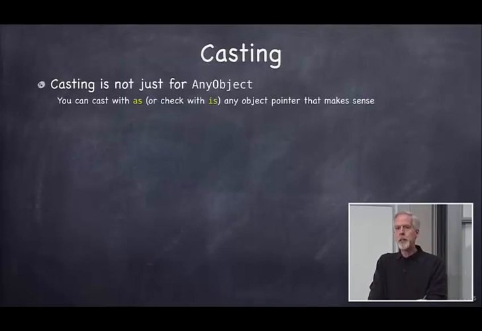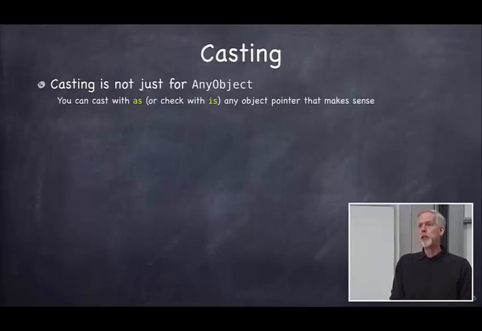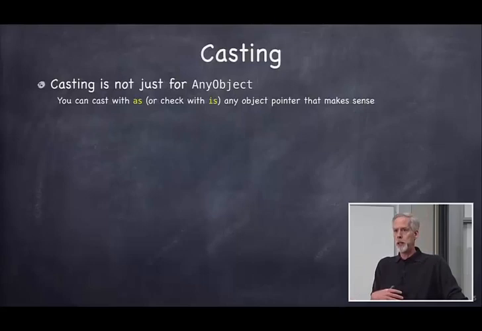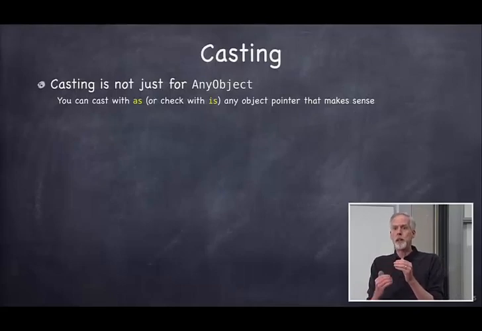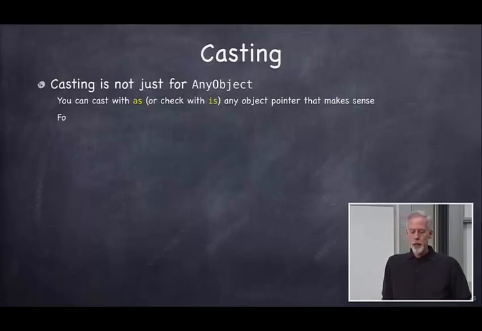Now this casting business is not just for any object. You can actually cast any two objects. For all non-any object cases, though, those two objects would have to be in the same inheritance hierarchy. You can only downcast into your own inheritance hierarchy.